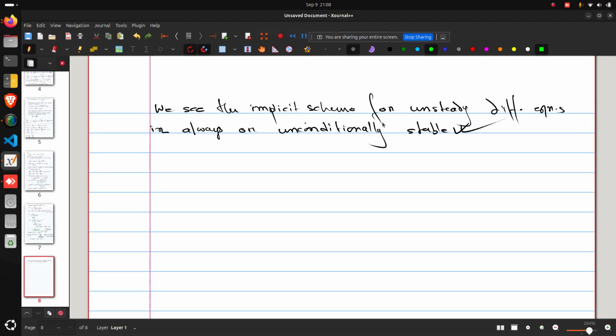Scheme as well as the explicit scheme, but there is no bound for the delta t for a stable solution in case of the implicit scheme.